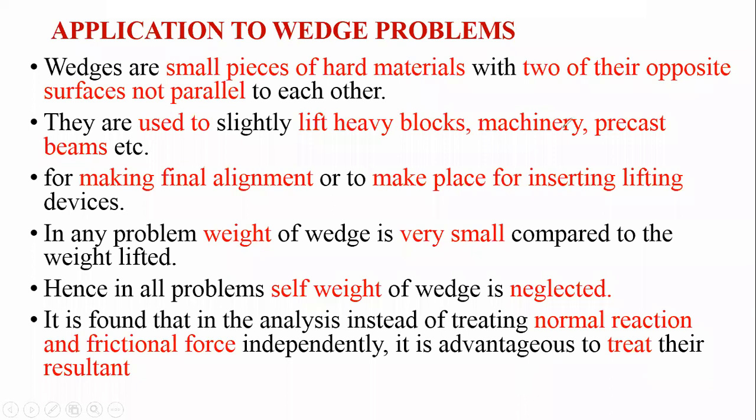It means that in many cases, as we know there is the friction force F and normal reaction N. Now instead of considering them separately, we may directly use the resultant R of those two forces for problem simplification, and we also have to find out the angle made by that particular resultant. Now let us see the wedge problem.